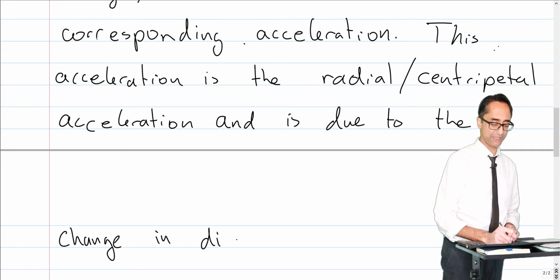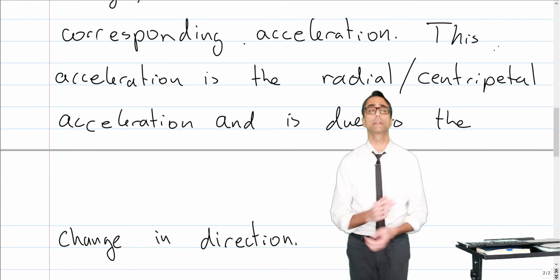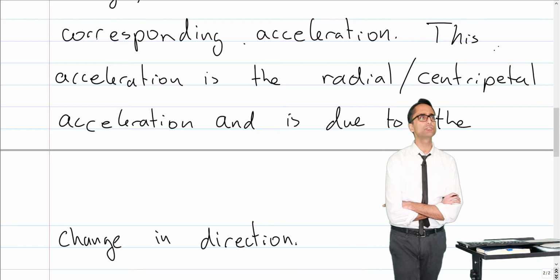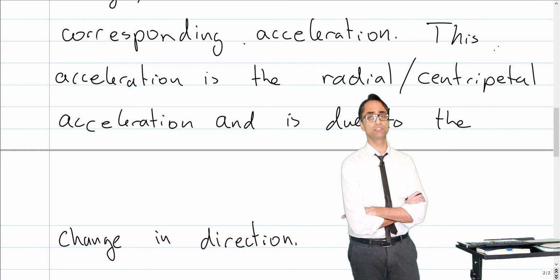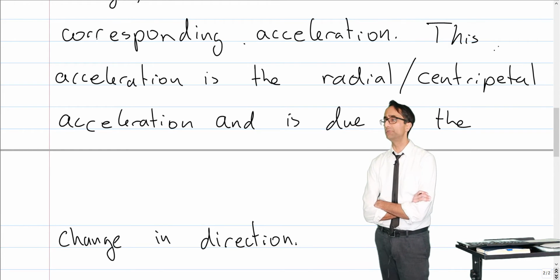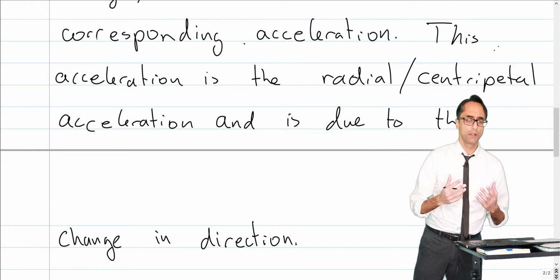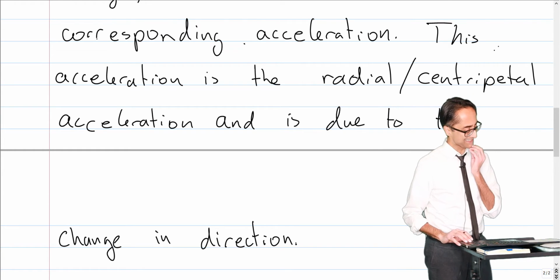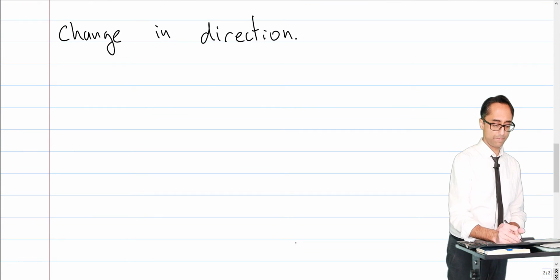All right, but how do we get it? How do we find out the value for this centripetal acceleration? Clearly, we can't just use our standard kinematic equations. Anytime you have no change in velocity in those, you end up with an acceleration of 0. And so how do we quantify the value of the centripetal acceleration? It's actually given by a vector.